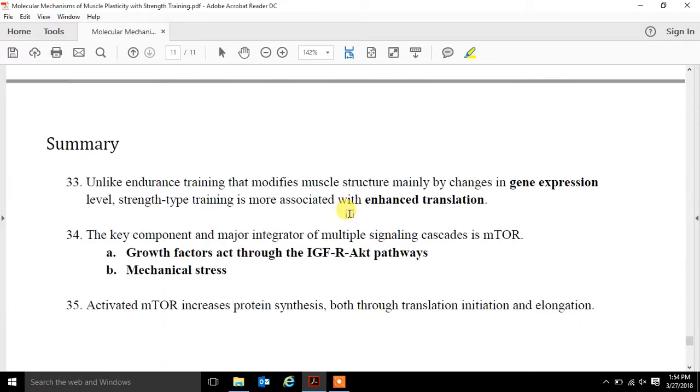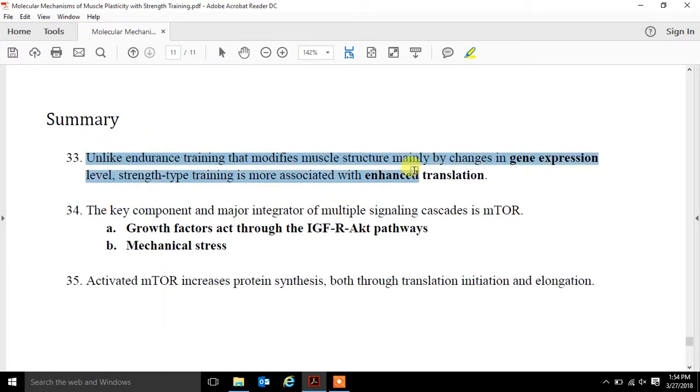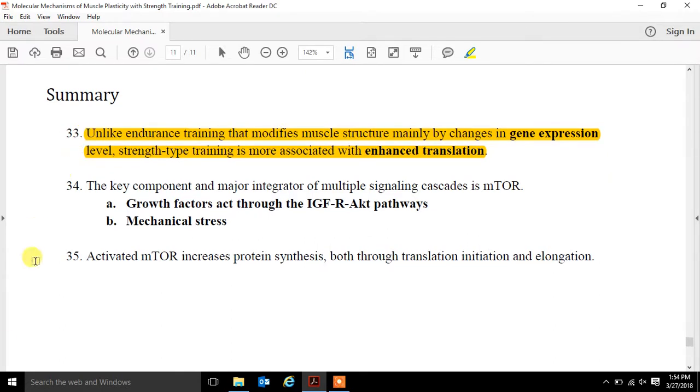All right, so in summary, unlike endurance training, which mainly gives us a response through gene expression level, so transcriptional changes, strength type training is more associated with translation.